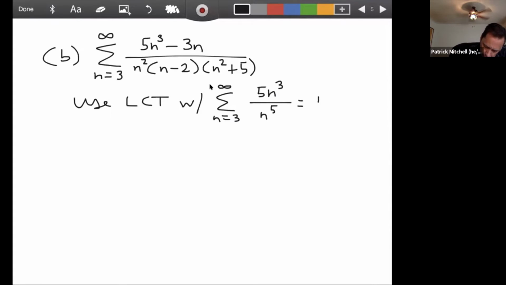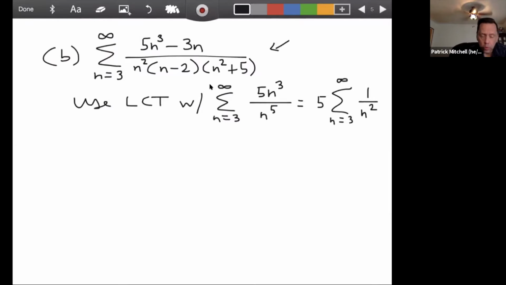And that's equal to 5 times the sum n going from 3 to infinity of n cubed over n to the 5th, which is 1 over n squared. So already we have an idea of a good guess for what this series is going to do because we know what the sum of 1 over n squared does, right?